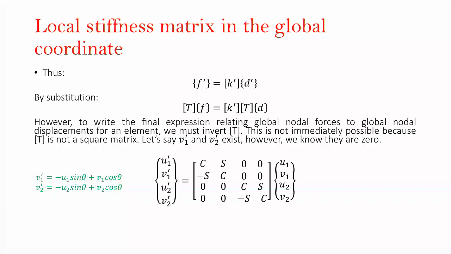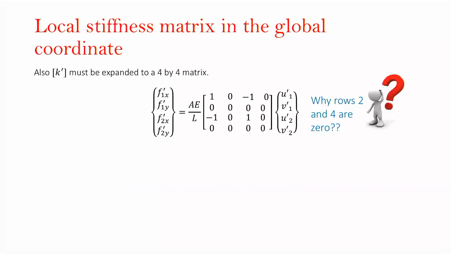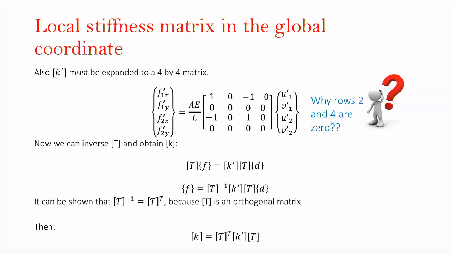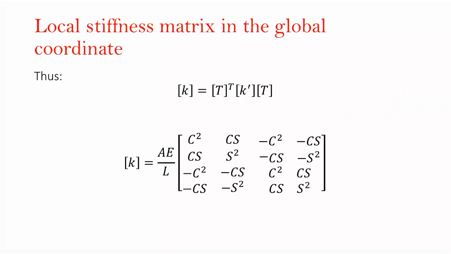So we know that they are 0. We put them into the equations to make the transformation matrix square. And after that, by inverting the transformation matrix, finally we got to this stiffness matrix, the element stiffness matrix in the global coordinates.